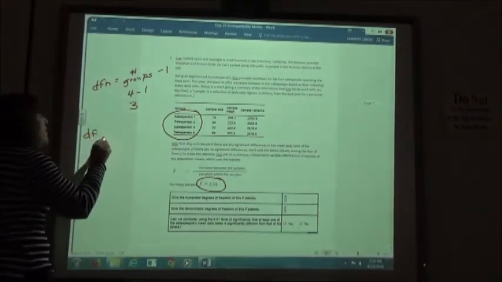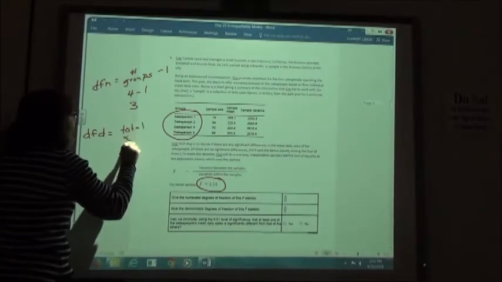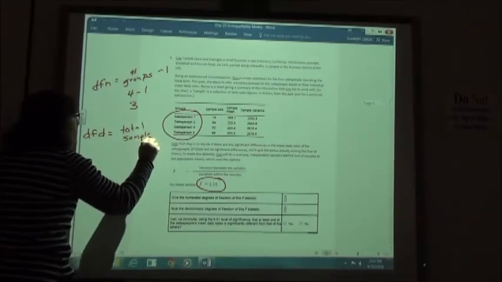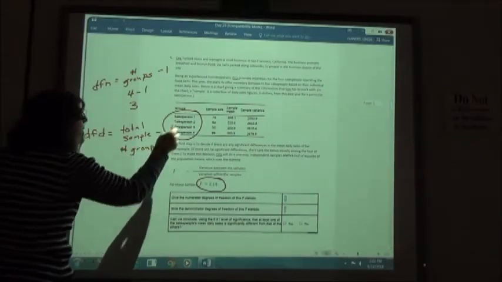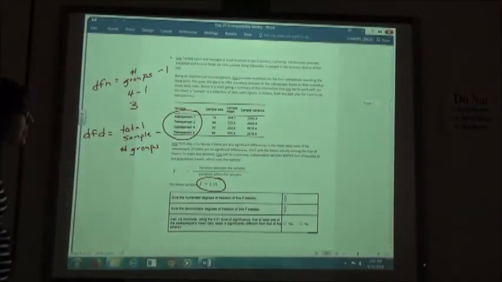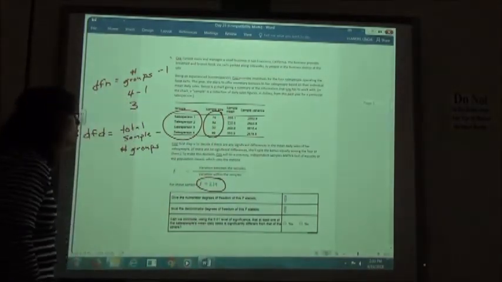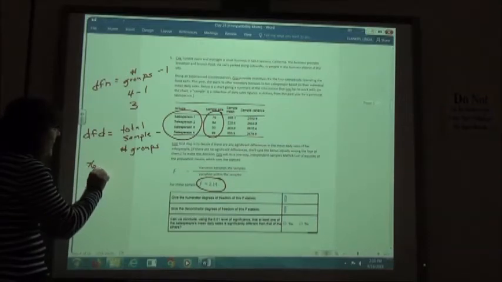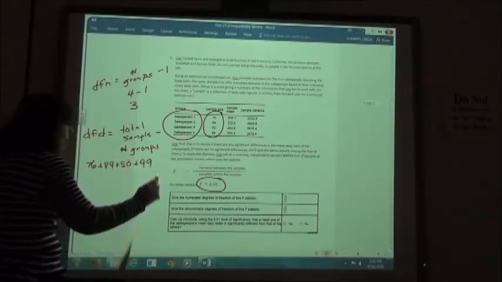The degree of freedom in the denominator, the total of the sample size minus the number of groups. In this case, they didn't give you the total of the sample size anywhere in the word problem, so what we have to do is find the total ourselves. 76 plus 84 plus 50 plus 99.